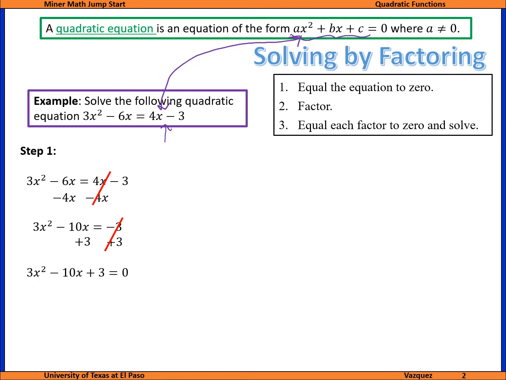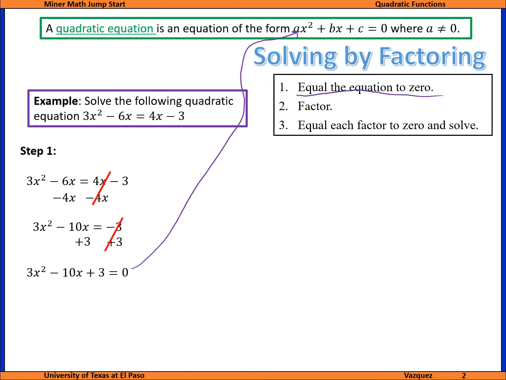And we're left with 3x squared minus 10x plus 3 equals 0. Now, if you notice, it does look a lot like the quadratic equation in our definition in the green box. Now that we set our equation equal to 0, we took care of the first step.